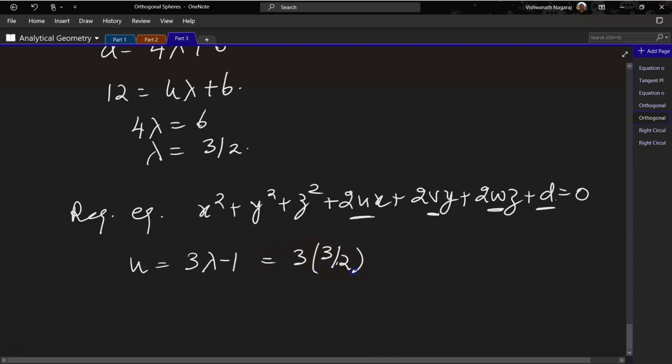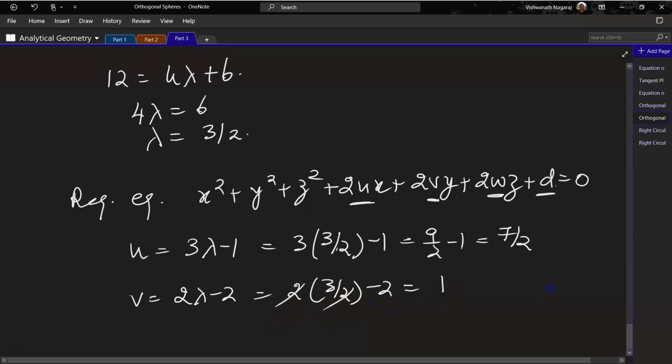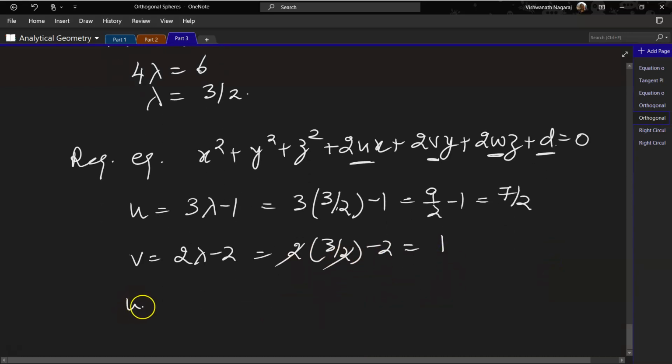So 3 times 3 by 2 minus 1, which is 9 by 2 minus 1, which is 9 minus 2, 7 by 2. v is equal to, we know, 2 lambda minus 2, which is 2 times 3 by 2 minus 2, which is 2 cancel, 3 minus 2 is 1. And w is equal to minus lambda minus 1, which is minus 3 by 2 minus 1, which is minus 5 by 2.